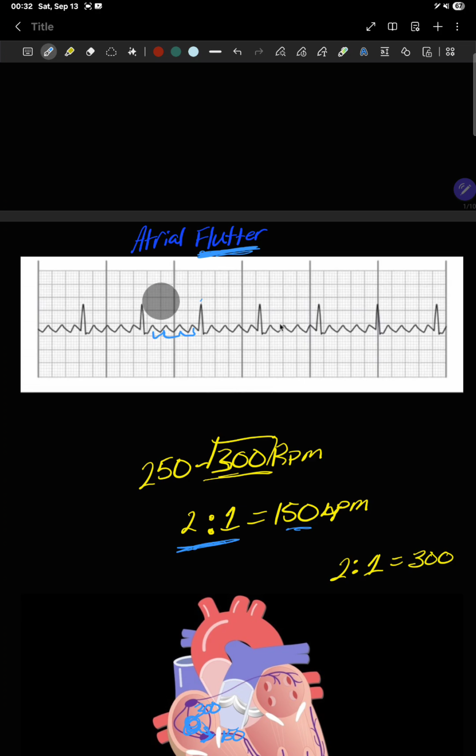So now this has got to be less than 100, obviously, because of the spacing. We got a decent space here. Now, if I did a 2-to-1 ratio, so now let's forget about the rest of this for right now. And I had a QRS right here.